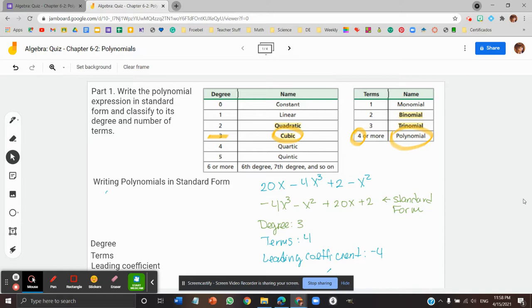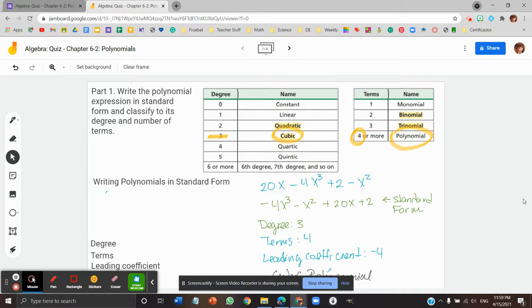Therefore, the special name for that polynomial expression is a cubic polynomial.